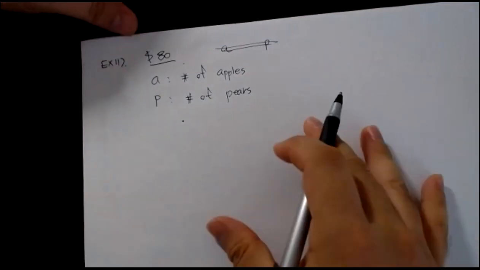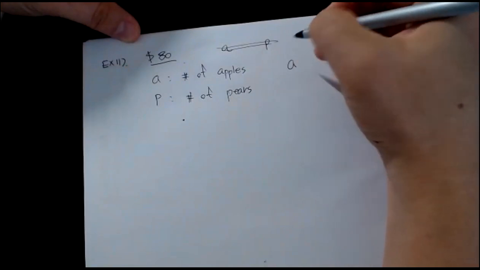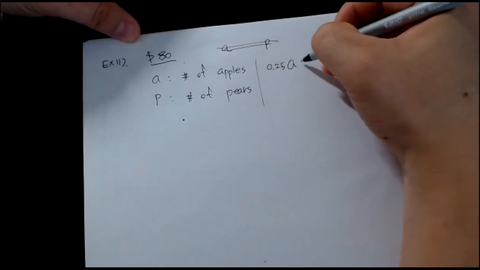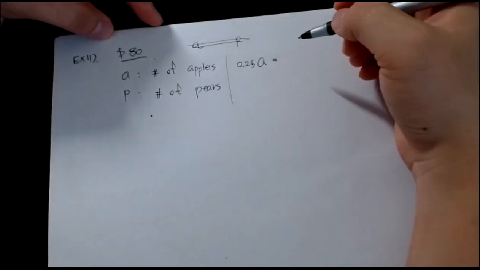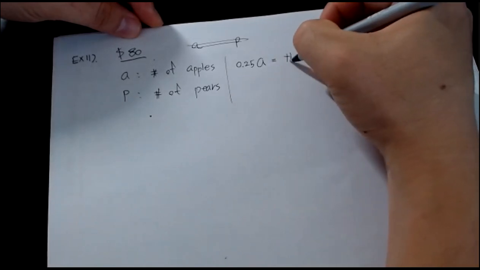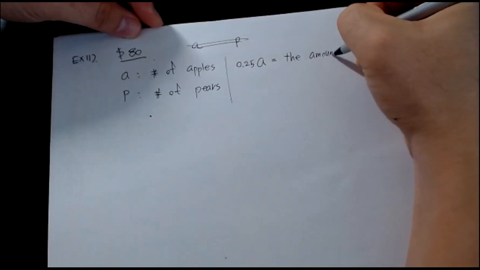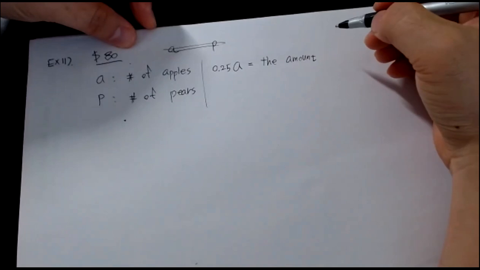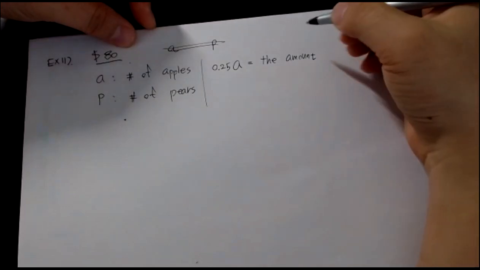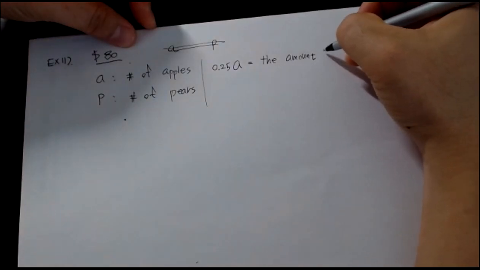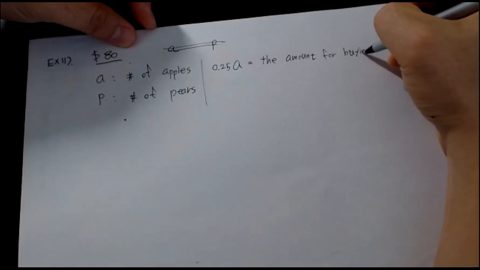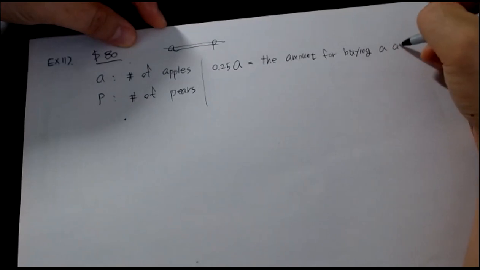A times 0.25 is the amount for buying A apples.